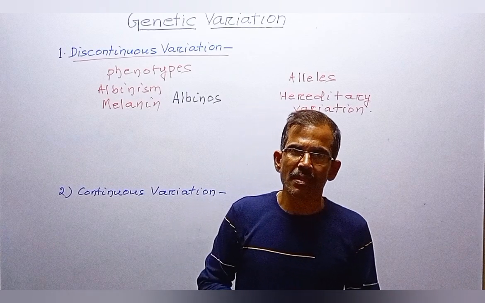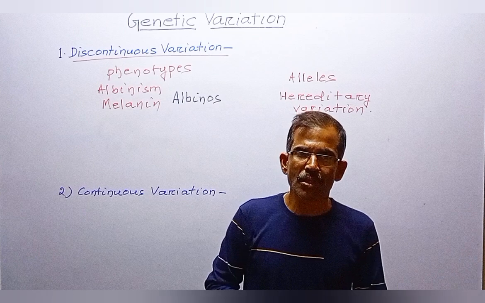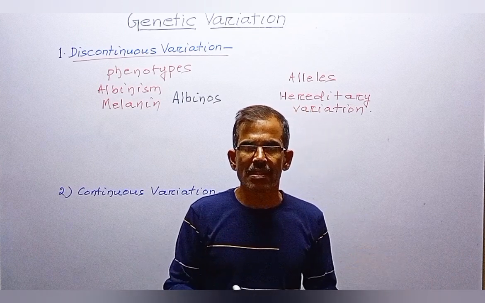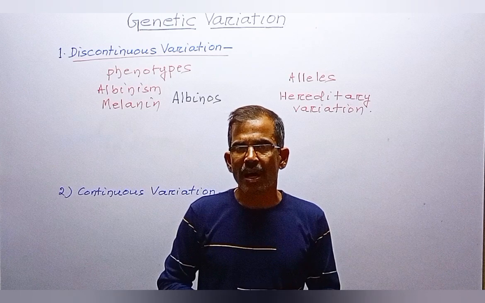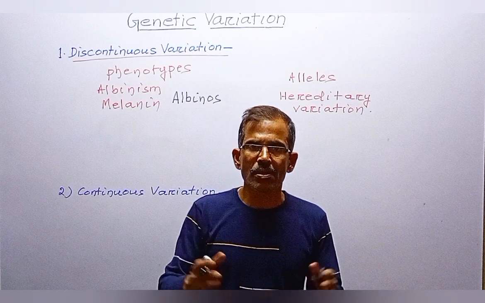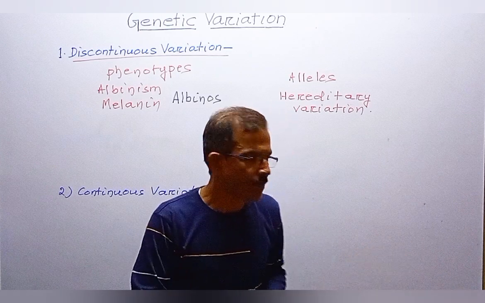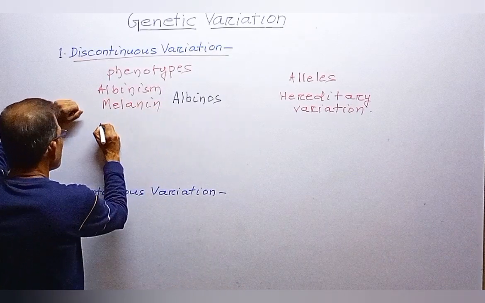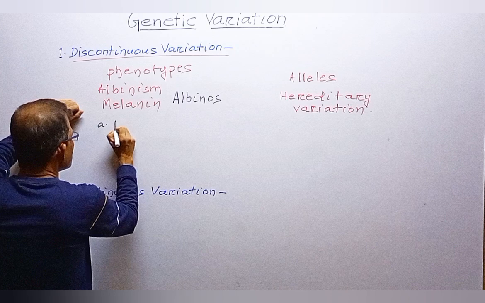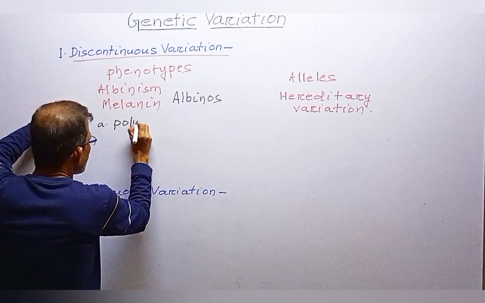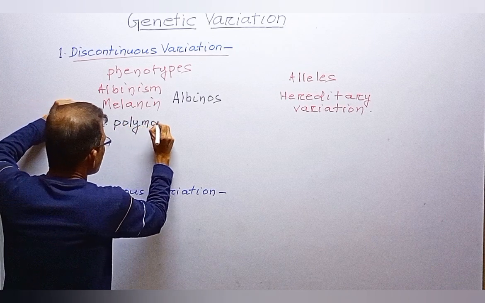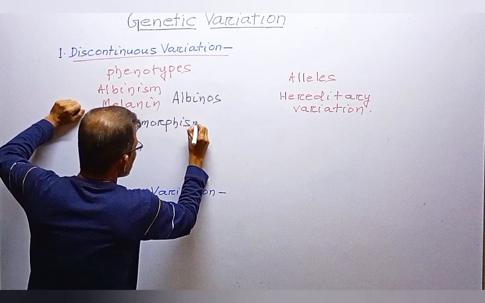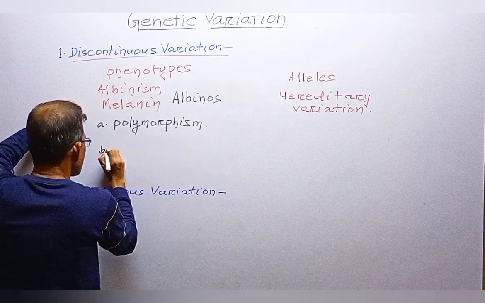For this reason, discontinuous variation has been successfully used by geneticists to identify the alleles and their roles in cellular function. There are two categories of discontinuous variation. One is polymorphism. And the other one is mutants.